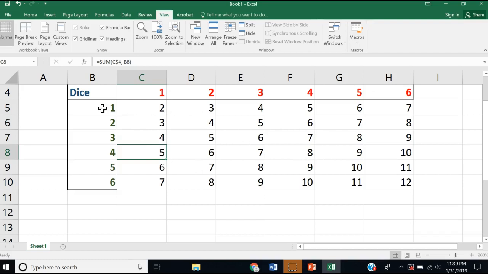The red and the green are not the actual summation, but actually the outcomes of the single die. So 6 happens 1, 2, 3, 4, 5 times. 7 is the most common occurrence, and there are 6 of those. And then it starts going back down. 8 happens 5 times. 9 happens 4 times. 10 happens 3 times. 11 happens twice, and 12 happens once.